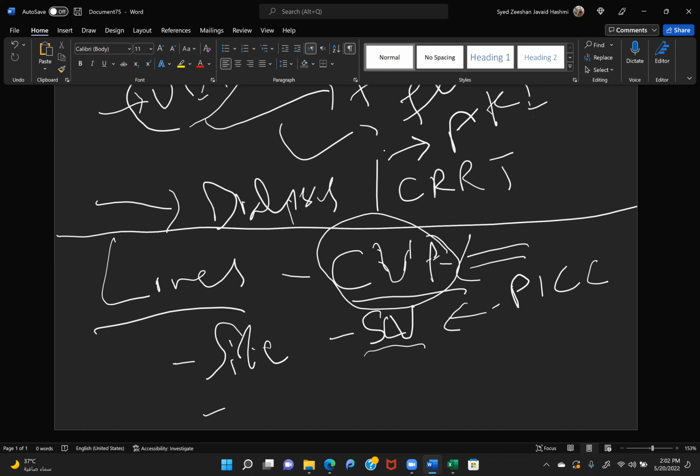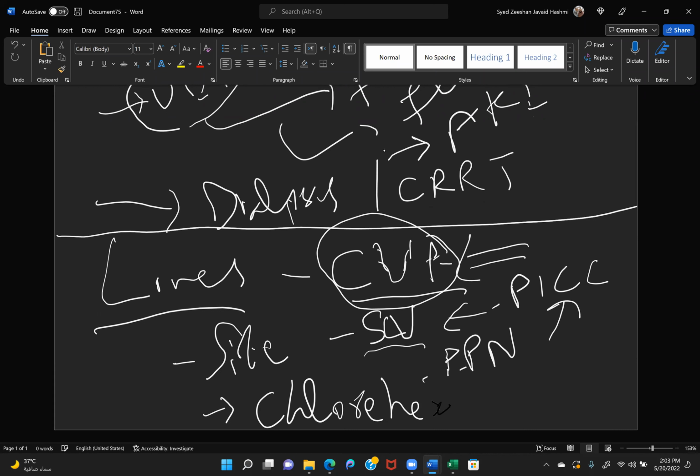So in certain cases, the terminology we use for parenteral nutrition is peripheral parenteral nutrition, okay, through a PICC line. Okay. And what is related to sterilization is chlorhexidine is better than iodine. Okay.